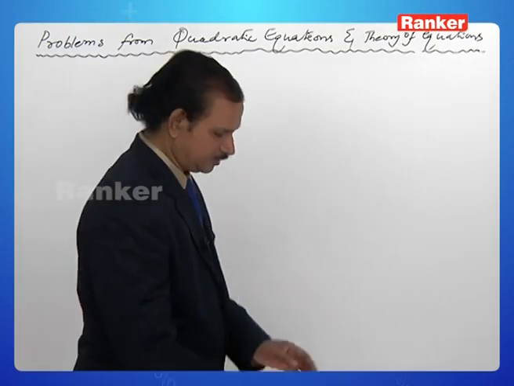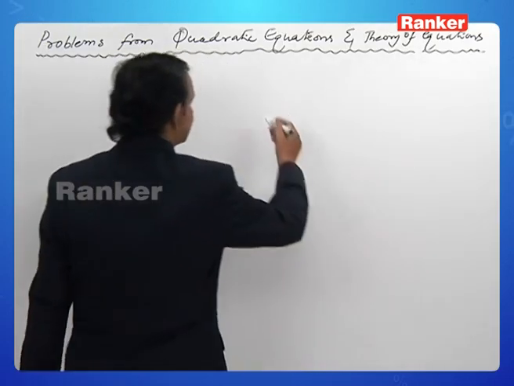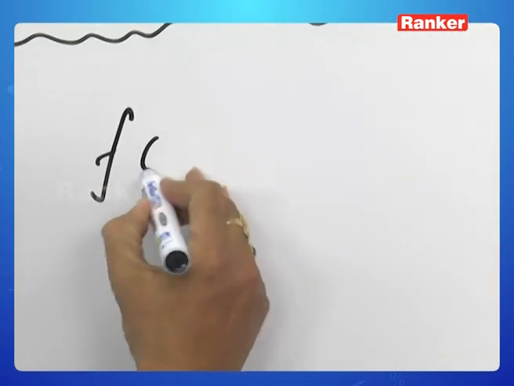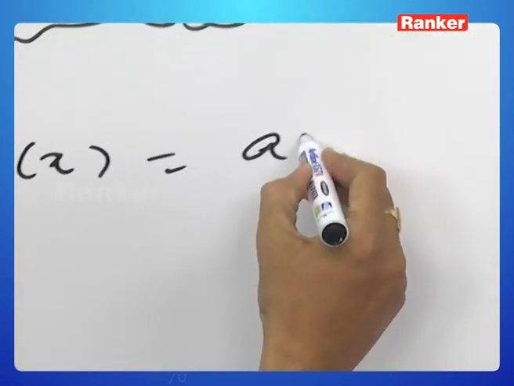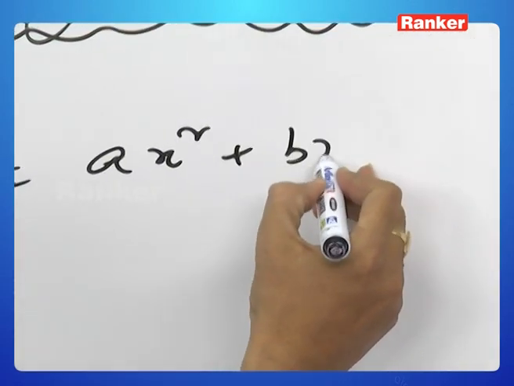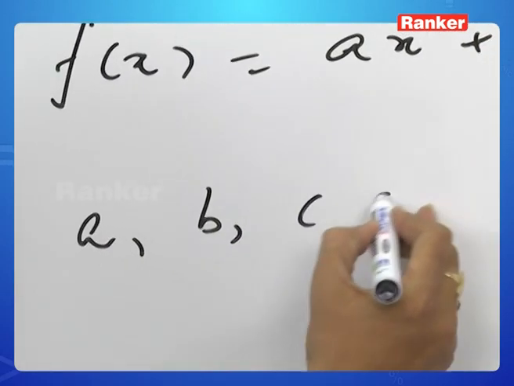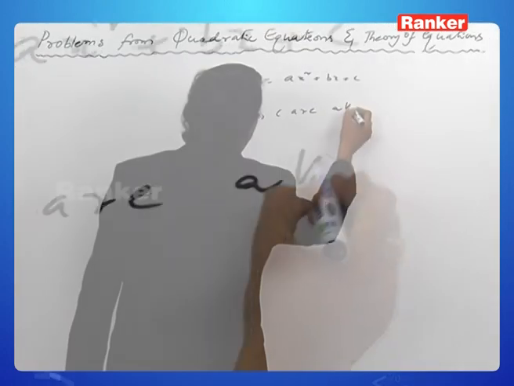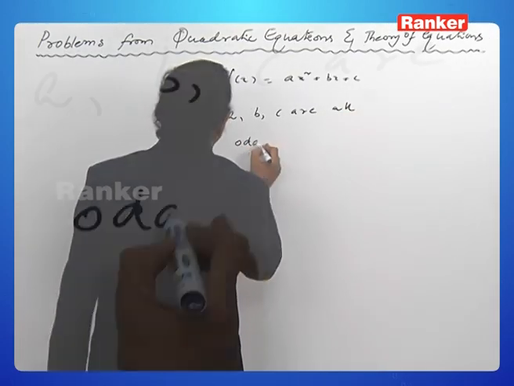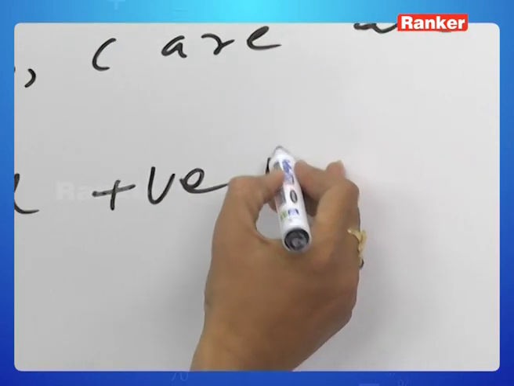Let us first note that the given function is f of x is equal to ax square plus bx plus c. Here a, b, c are all odd positive integers.